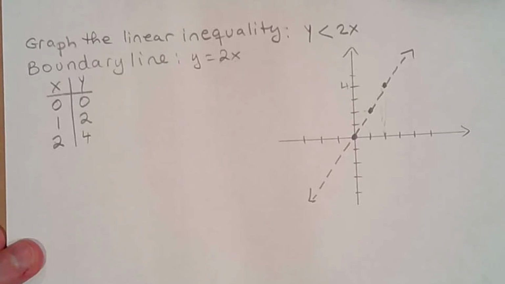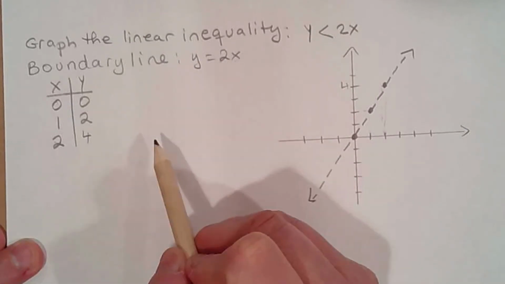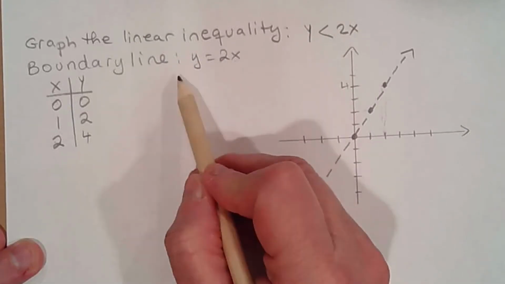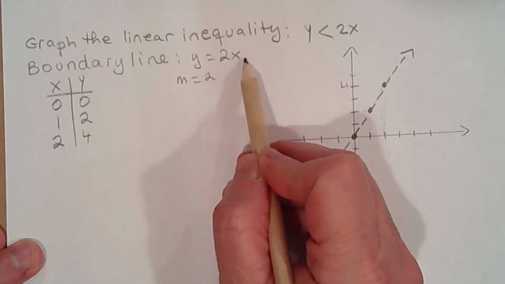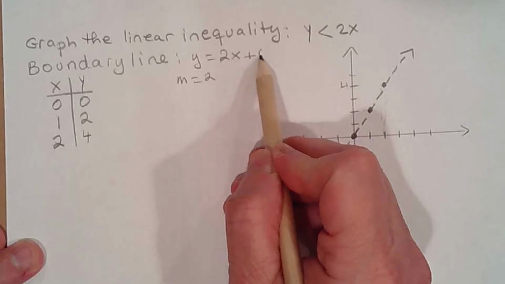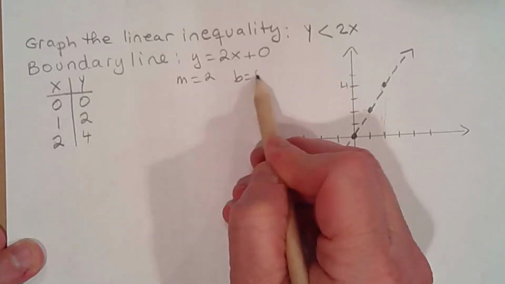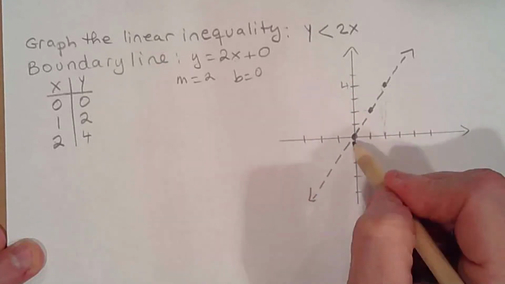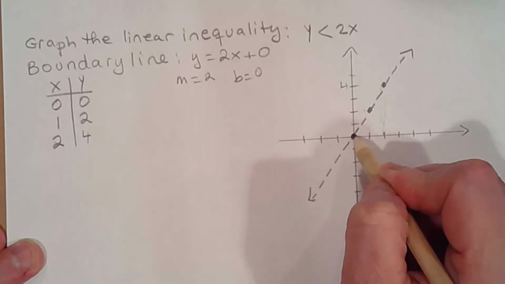Okay? So here I graphed my boundary line. I could have, by the way, graphed it using the slope and the y-intercept. The slope is 2. The y-intercept, I don't have one here, because you can think of it as 0. So b is 0, so it's on the origin right here. b is 0 and x is 0, so that's a point.